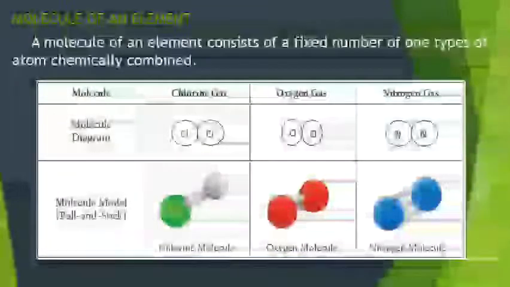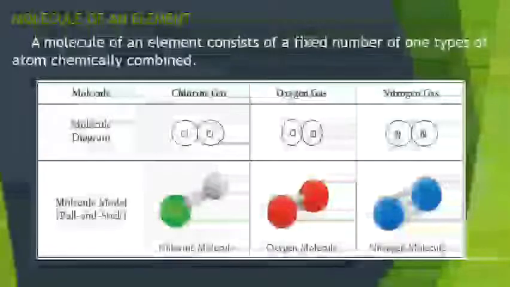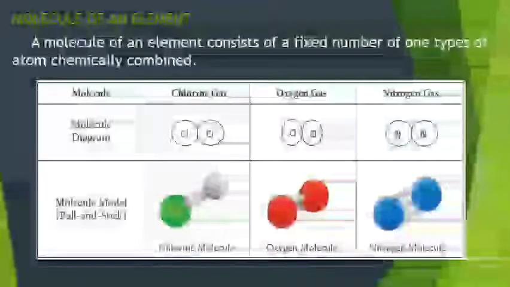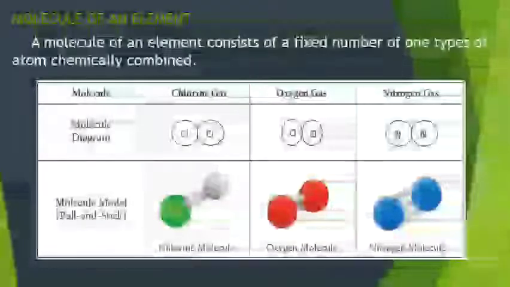So we can say that a molecule of an element consists of a fixed number of one type of atom chemically combined. Oxygen, nitrogen, hydrogen and chlorine are made up of two atoms of the same type, in a fixed number.